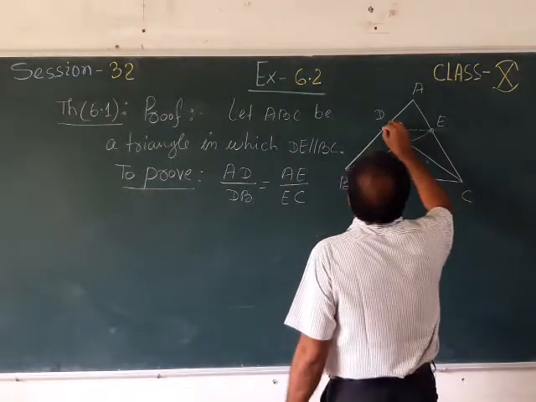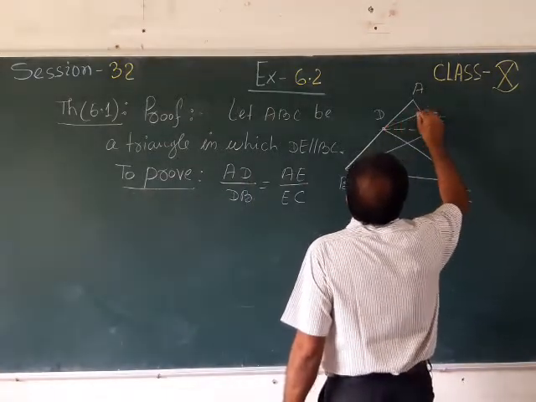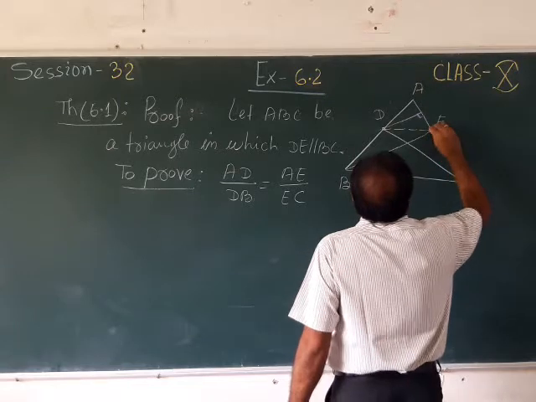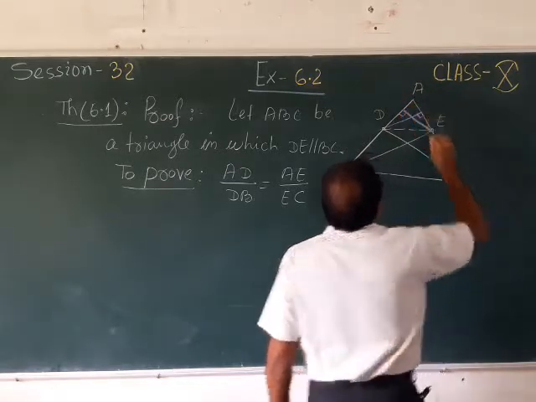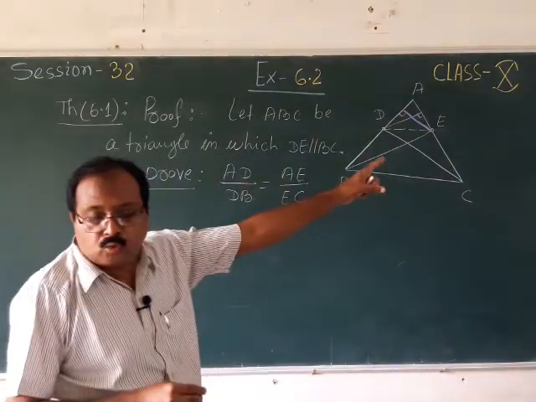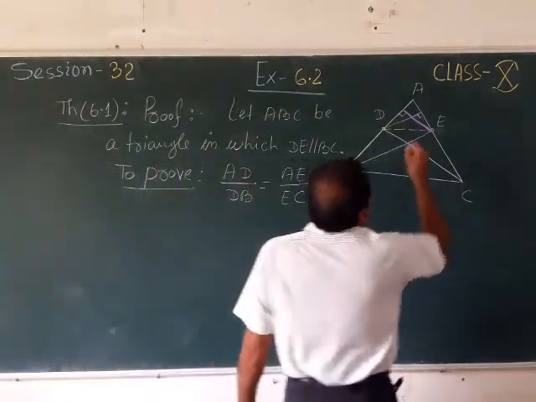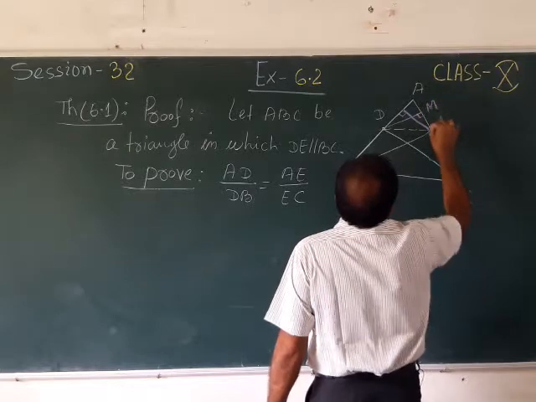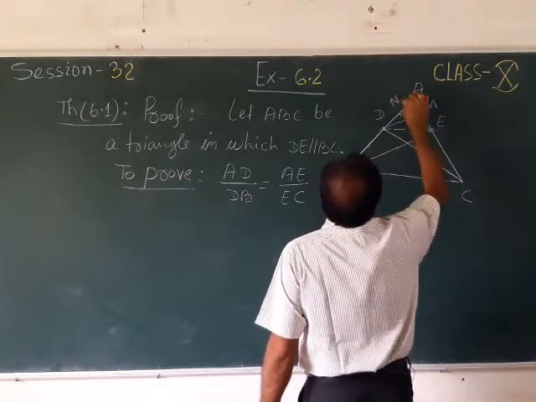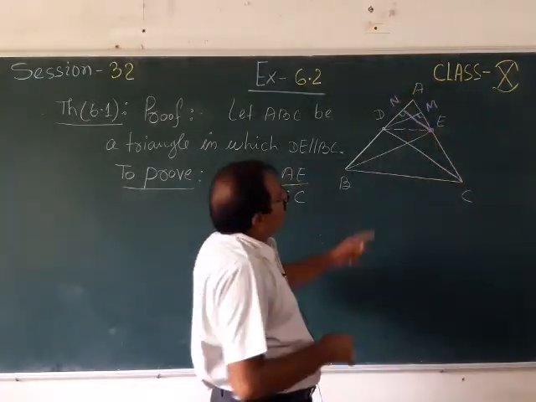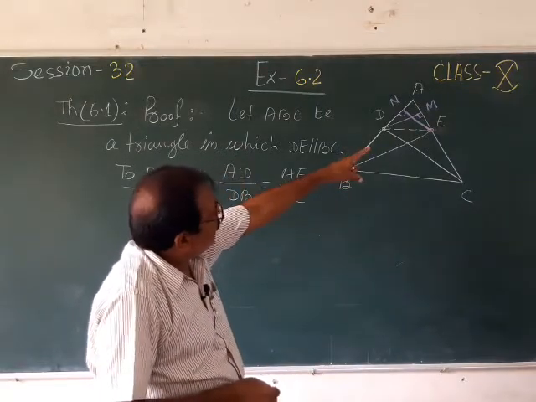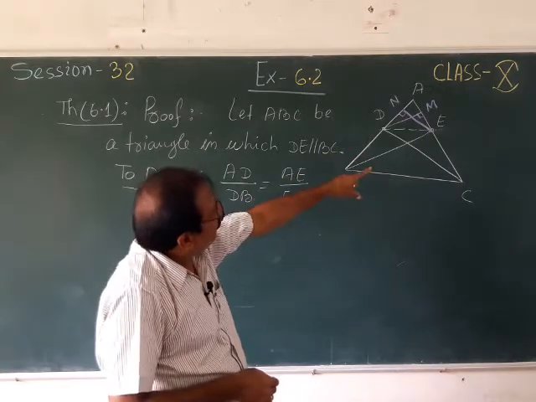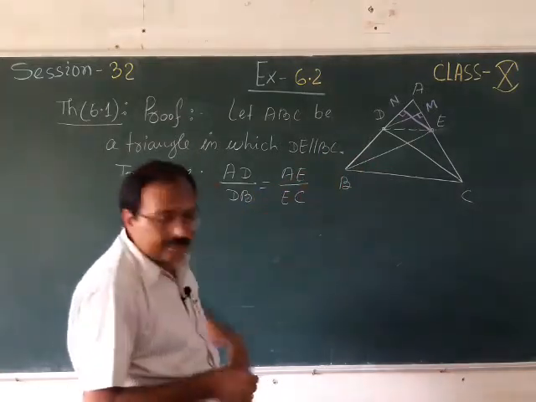Here DM and EN. Two perpendiculars should be drawn. Suppose this is DM and this is EN. DM is drawn on the side AC and EN is drawn on the side AB.